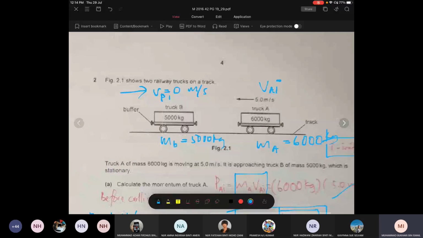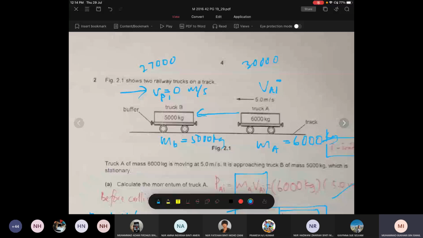When it collides with truck B, after the collision truck B has 27,000 kg meter per second momentum.